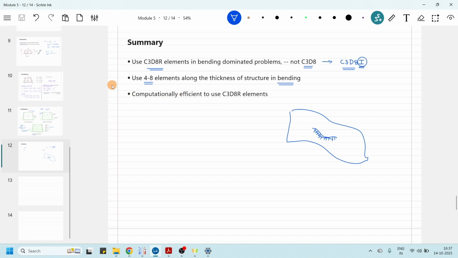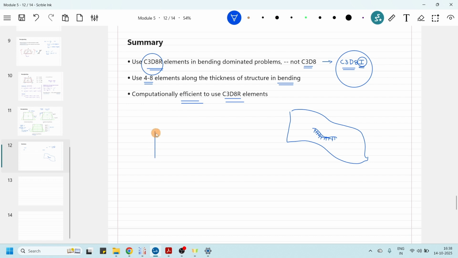So the simple key takeaway is to use the C3D8R or C3D8I element type. Another thing is that C3D8R elements are computationally very inexpensive. They run very fast because they have only one integration point.